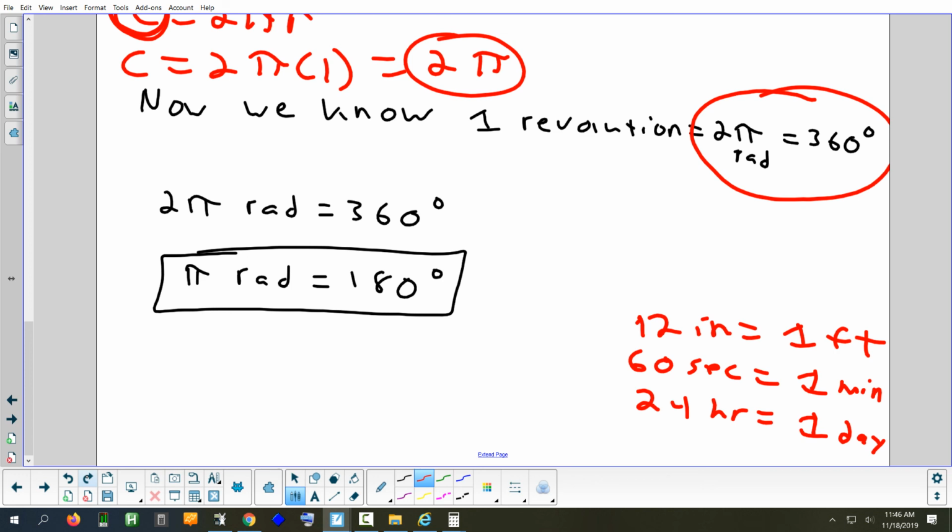How would I get a 1 on the right side of that equation? Divide by 180. So now it would say pi divided by 180 equals 1 degree. So now we have a formula for 1 degree. 1 degree is pi divided by 180.